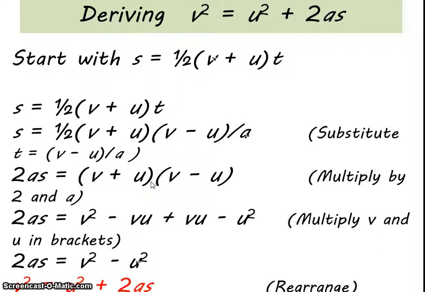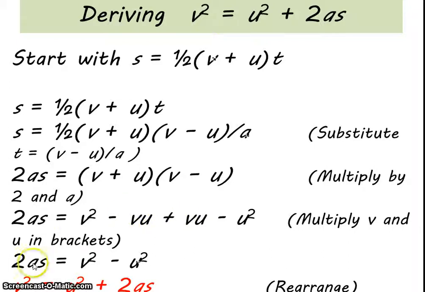If we then do a little bit of rearranging, if we move the 2 from the half to the other side of the equation, and the a, which are both being divided, then we get this 2as component. That leaves us with a simple set of double brackets, and if we expand those double brackets, you find that you get a minus vu and a plus vu, which cancel each other out.